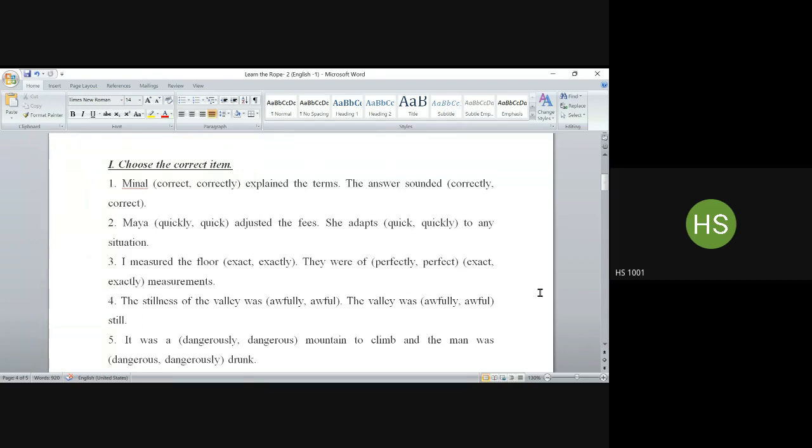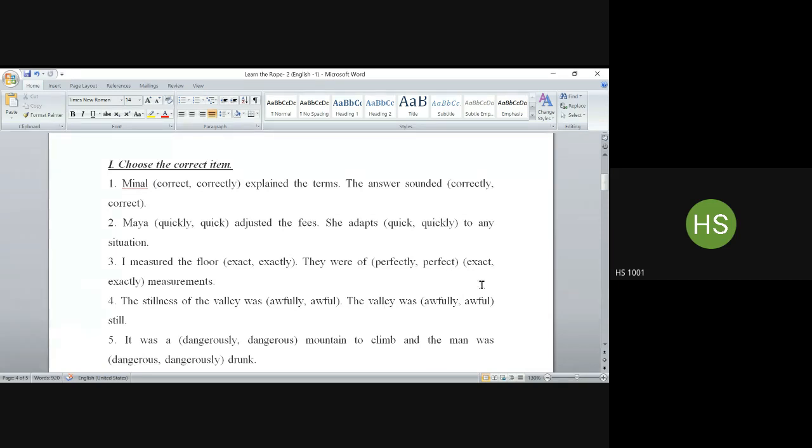Sometimes there's a confusion between the adverb and adjective. So this exercise is a list of such words which are commonly confused in terms of whether they are adjectives or adverbs. So let's look at them.